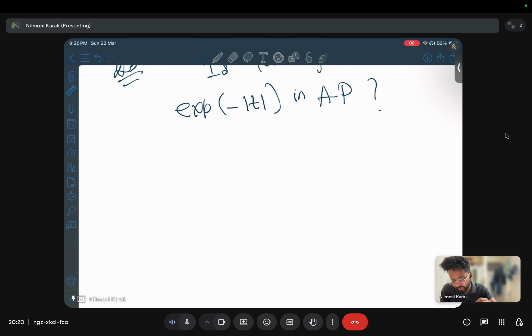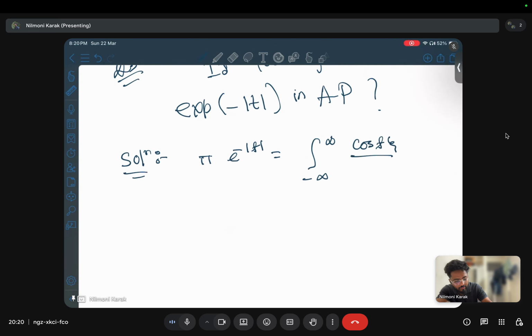Very interesting question. So pi times e to the power minus mod t we have already seen. This is the integral from minus infinity to infinity of cos(tj) by (j square plus 1) dj.